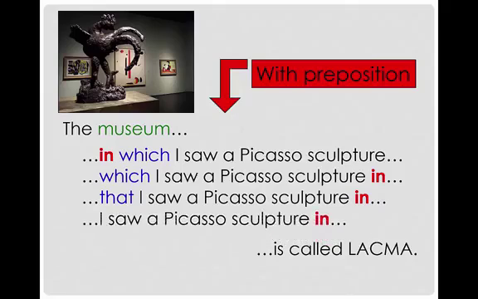The museum I saw a Picasso sculpture in is called LACMA. Notice that this last sentence does not have a pronoun, which is totally fine. And all of these sentences express the same idea as the museum where I saw a Picasso sculpture is called LACMA.